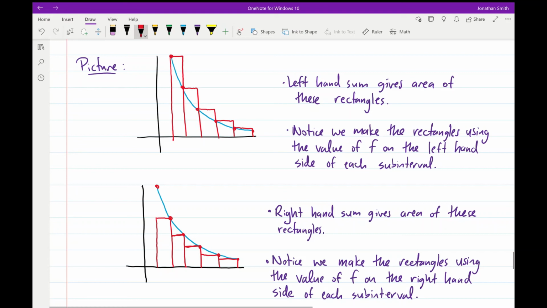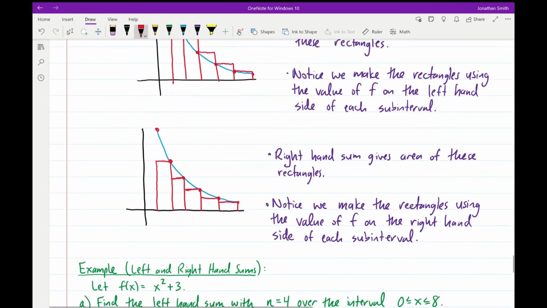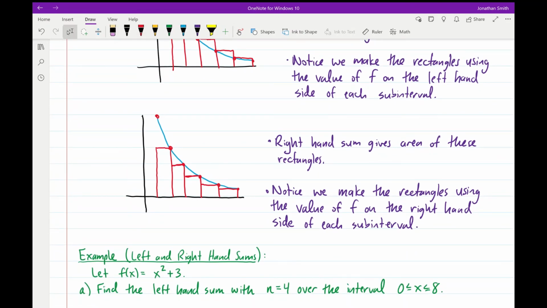And we're going to draw rectangles, but to draw the rectangle, we determine the height of the rectangle by the left-hand point of each of the intervals here. And if we have this drawing, then the left-hand sum is just the calculation of the area of all of these different red rectangles added together. Okay, and for the right-hand sum, again we have f of t as the blue curve. We've broken it up into 5 different subintervals.